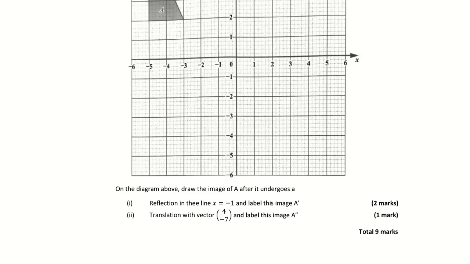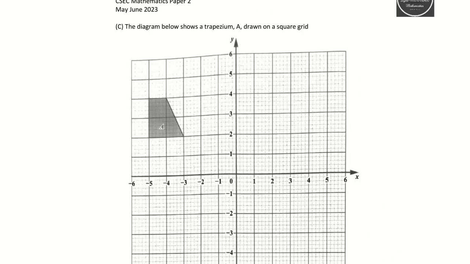So first off, let's locate where x is equal to -1. This is the line. And if we recall, the distance from your mirror line to a point on your object is equal to the same distance from your mirror line to your image. So if I know this point is 2 points away from my mirror line, I know my image is going to also be 2 units.